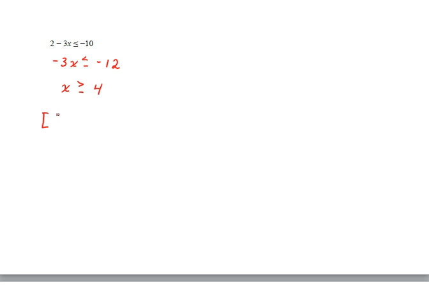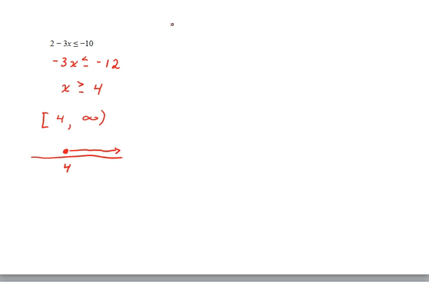This is the interval for x from 4 to infinity, where 4 is included. On the number line, we'd have a closed circle at 4 and all real numbers to the right.